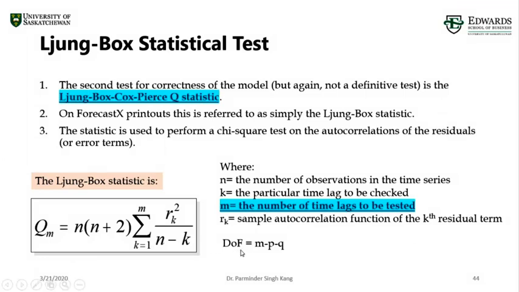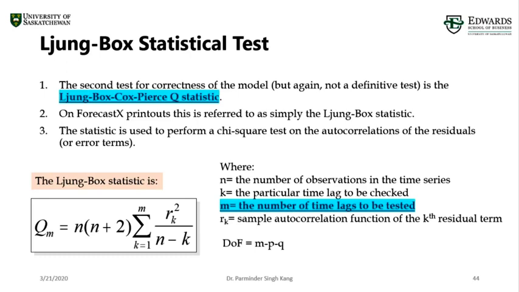Degrees of freedom equal the number of time lags to be tested. If it's quarterly data, we use time lag 4. If it's monthly data, you use time lag 12. There are some special cases with seasonality where we may end up using time lag 48, but we'll not explore that. At this point, you can stick to time lag 4 and time lag 12.